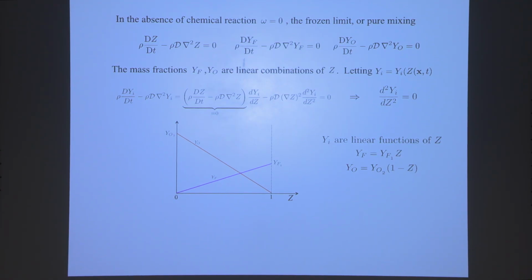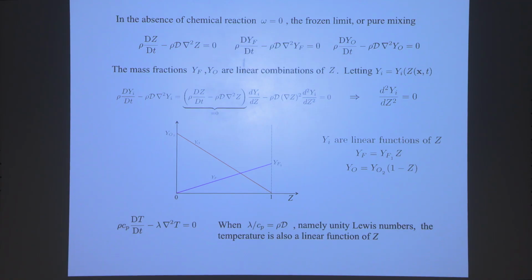You can see it also mathematically here. If you do a transformation, this is 0, and you end up with a second derivative of Yi with respect to Z equal to 0, which is a linear function. So if YO starts at YO2, it must go to 0 on the fuel side, and YF1 starts here, it must go to 0 on the oxidizer side, and so that's the description of the mass fraction in terms of Z. This is for frozen combustion.